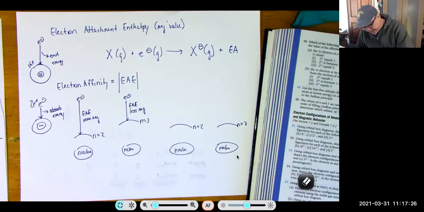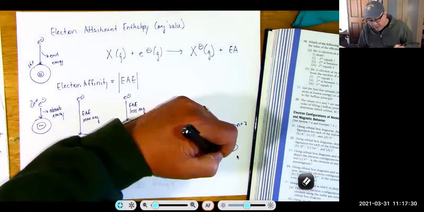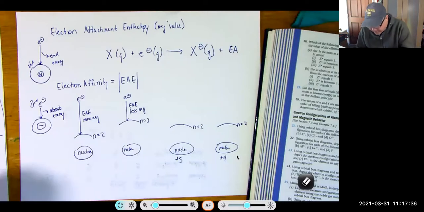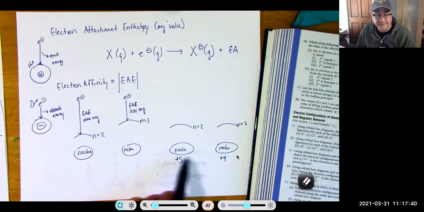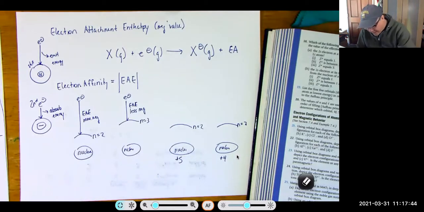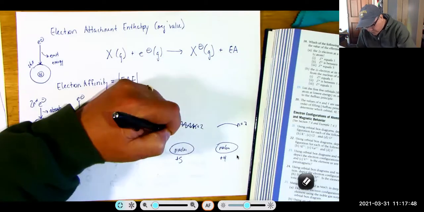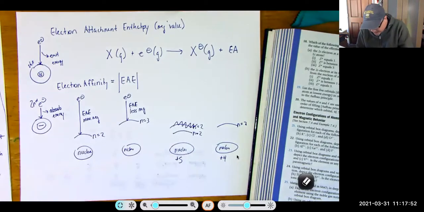So let's say that this is a +5 and this is a +4. Which one's probably going to release more energy? Let me draw this a little differently. Which one's going to have the smaller radius? +5. So I have to cross this one off and put the n equal 2 closer to the nucleus because this has a bigger nucleus.